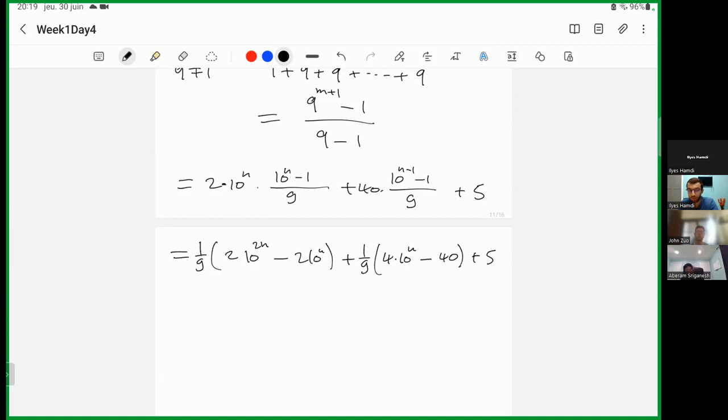What do you guys think? Any idea over there? Maybe we should just put everything above the denominator 9. I'm not so sure. Let's try and find out. Maybe this is something I could do, because for the moment I don't see anything. So let's do this. Twice 10 to the 2n.